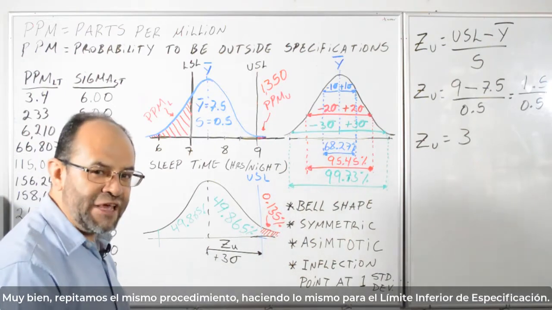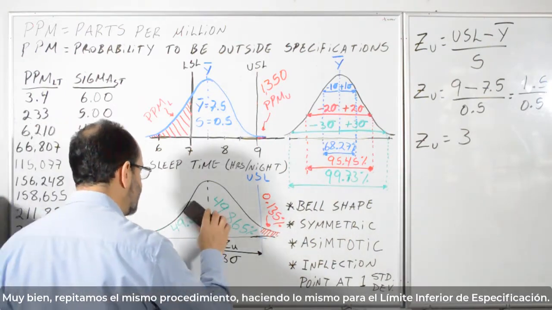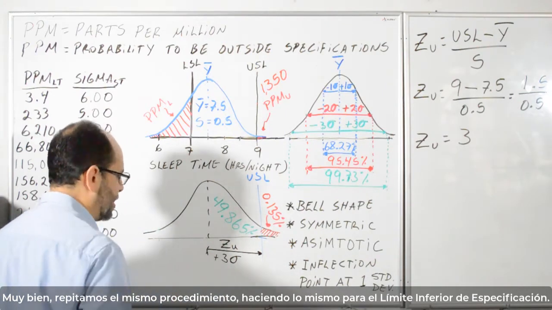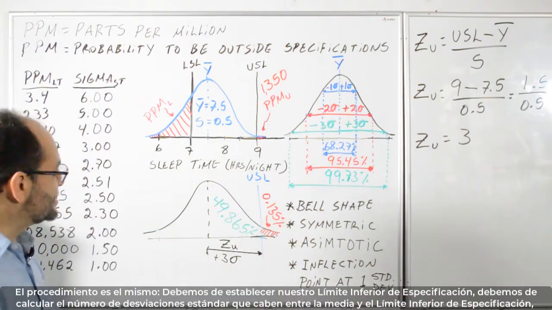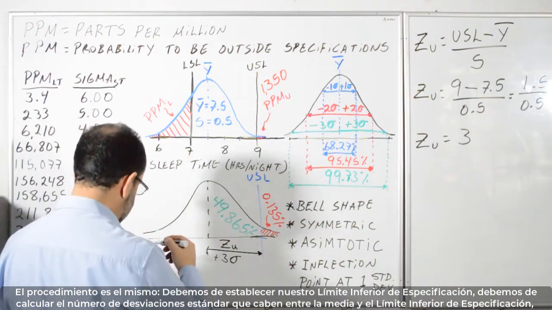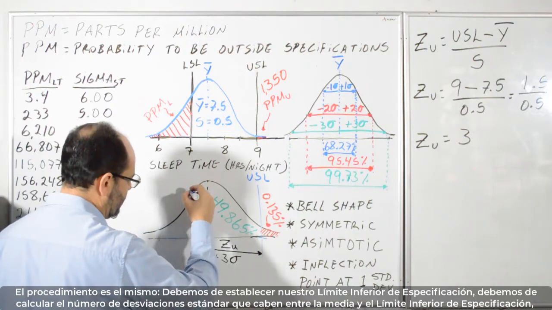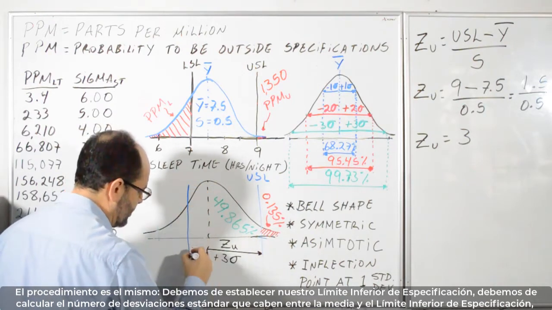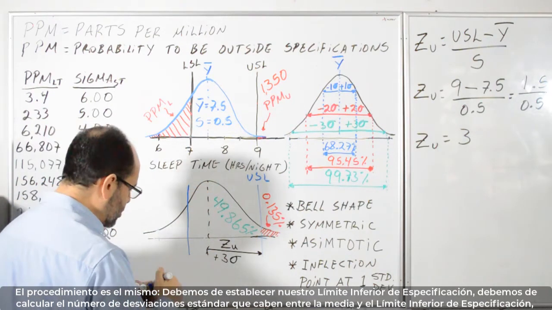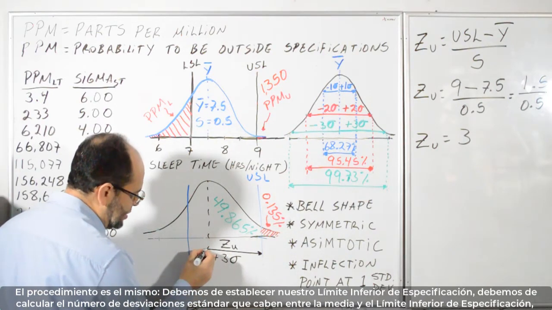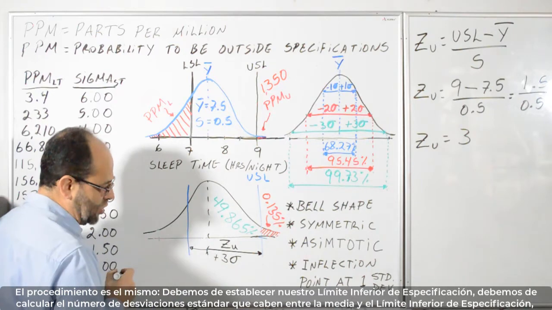Okay, let's repeat the same mechanics, but for the lower specification limit. The mechanics is the same. We have to establish our lower specification limit, which is here. We have to calculate the number of standard deviations that fit between the mean and the lower specification limit.